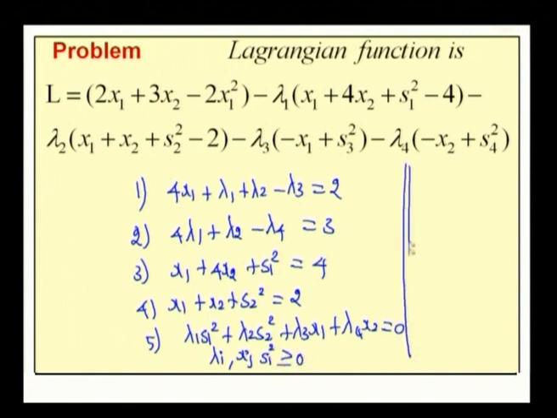So, for the given problem the Kuhn-Tucker conditions are these 5 equations. Here lambda 3 x1 equal to 0 and lambda 4 x2 equal to 0 are called complementary slackness conditions.